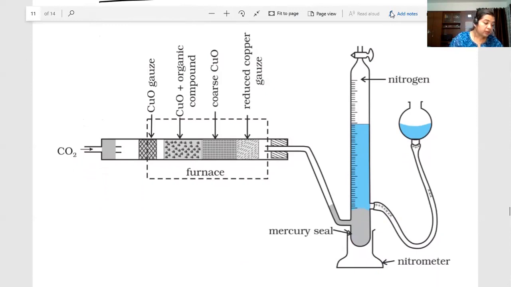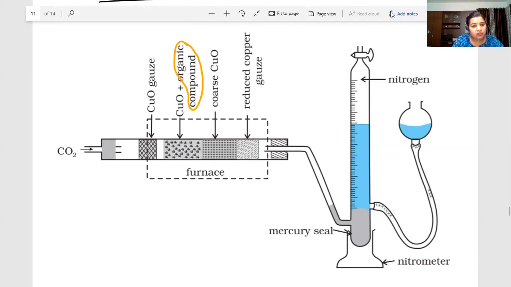What they do is the organic compound that is under study is heated with CuO, copper oxide. You can see here it is a furnace. This whole portion is a furnace. In this furnace, they are heating CuO and the organic compound strongly.